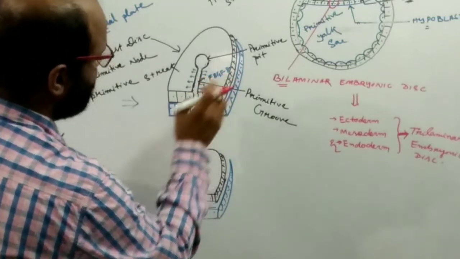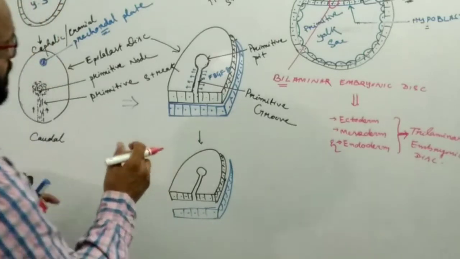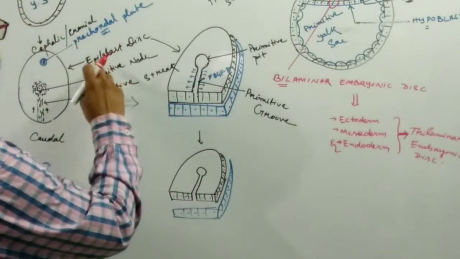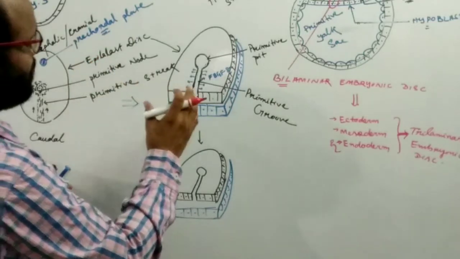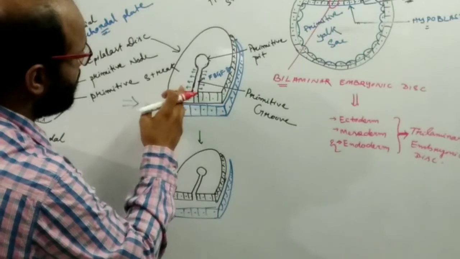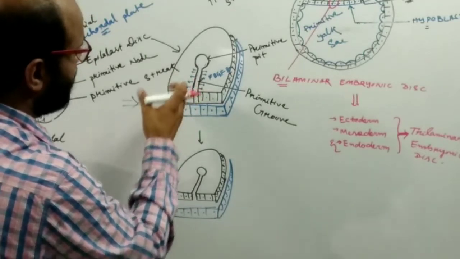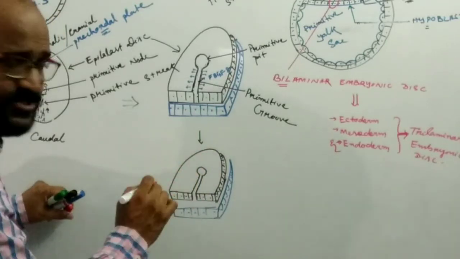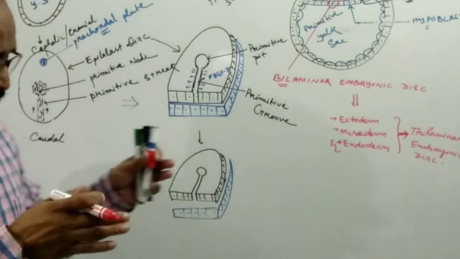After the secretion of fibroblast growth factor 8, there is division and formation of epiblast cells taking place vigorously. So more and more cells are formed at the edge of this primitive groove.